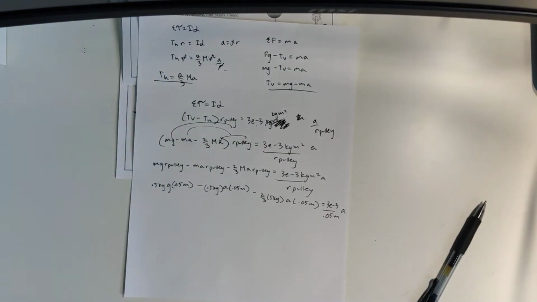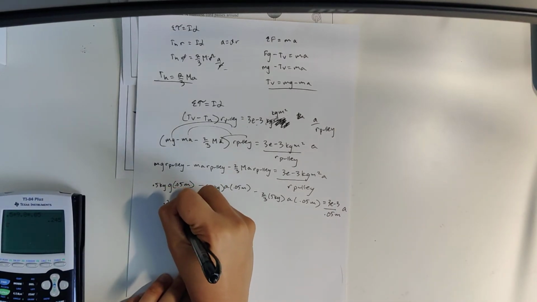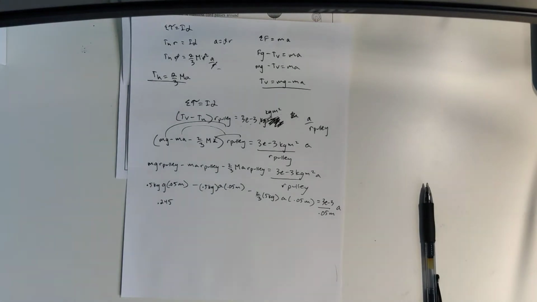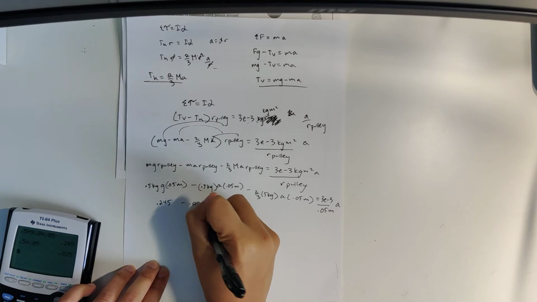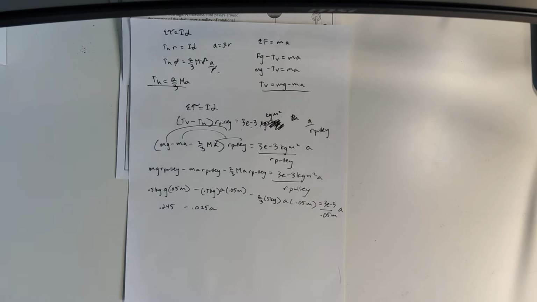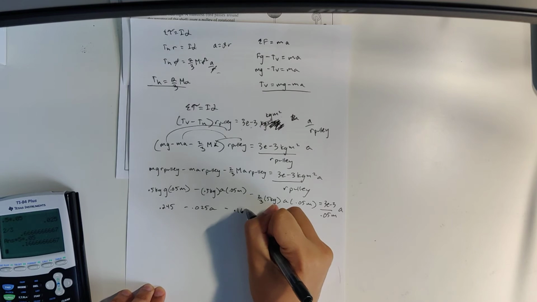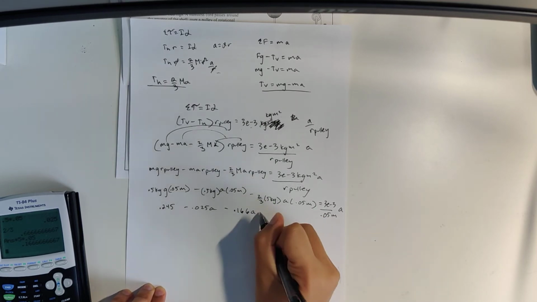So let's plug all this into the calculator. 9.8 times 0.05. This gets you 0.245. 0.5 times 0.05 is 0.025A, minus 2 divided by 3 times 5 times 0.05 gives 0.166A.